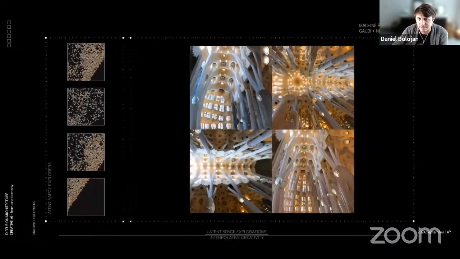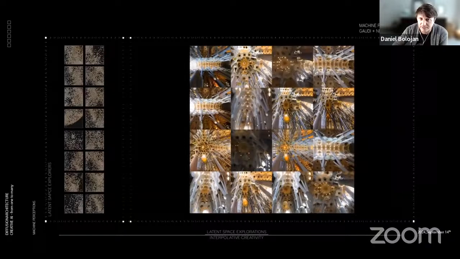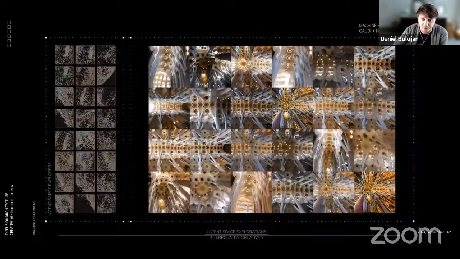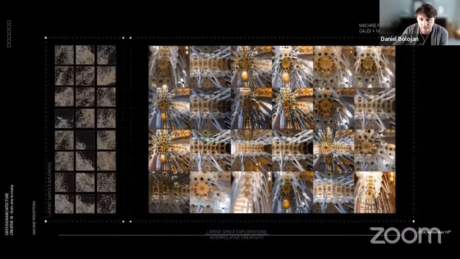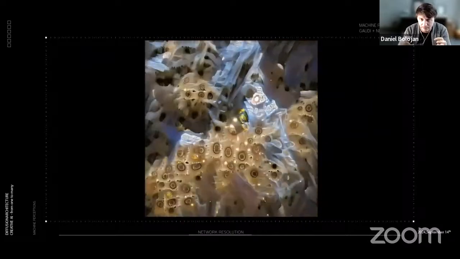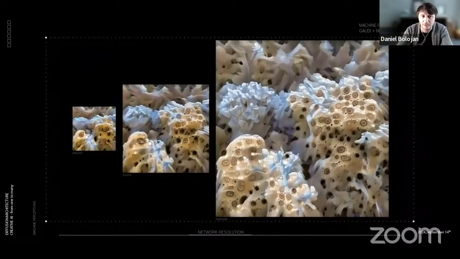So here is the Sagrada Familia project, and here is the same kind of idea: just a system by itself, just being shown a bunch of images, is not enough to understand the complexity of an architectural project. For that, as an architect, you have to start to think about which are the processes, which are the nodes of the network, which are the design elements that are important to be addressed.